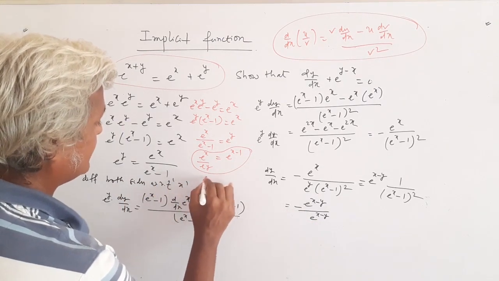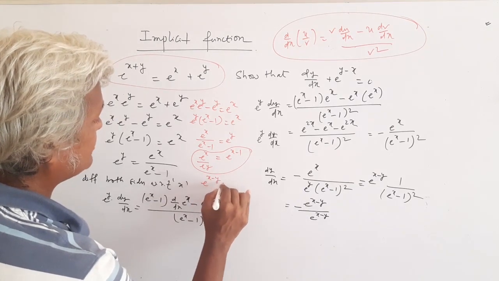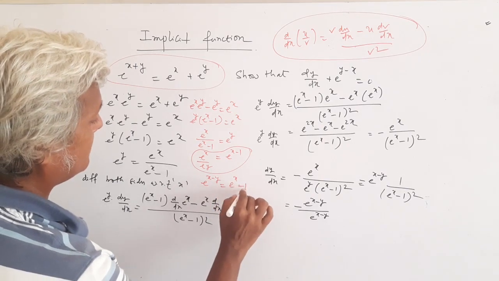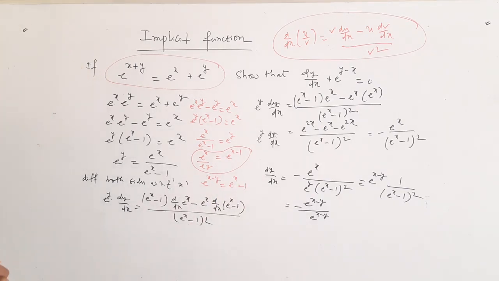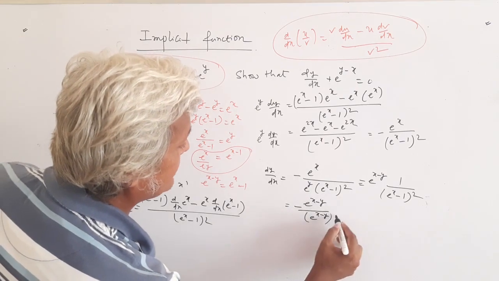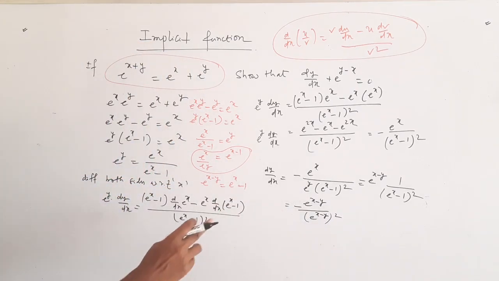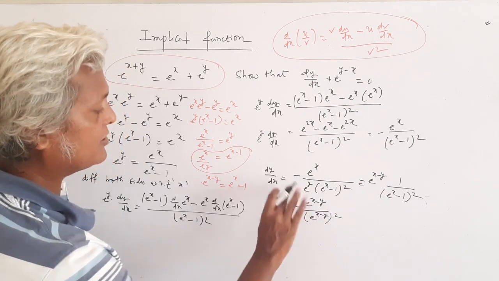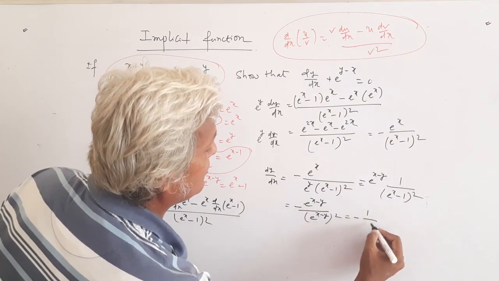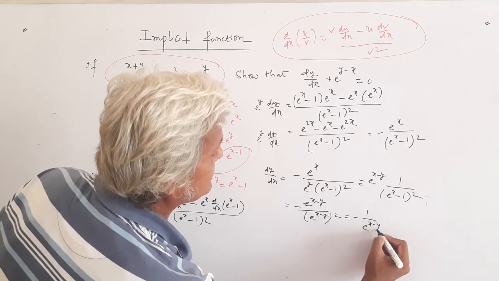So the relation becomes e^(x minus y) is e^x minus 1, and this is squared, so this one will also be squared. So you see, it is just like minus e^something upon the very same thing whole square. So one power cancels. So it is 1 upon e^(x minus y).